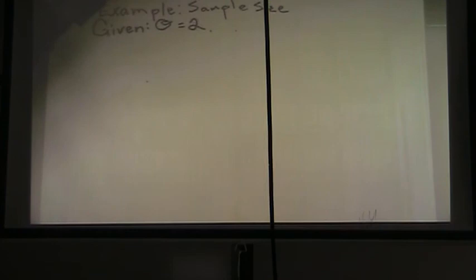So, given that our standard deviation equals 2, excuse me, I need to change that. Instead, let's make our standard deviation size 3.